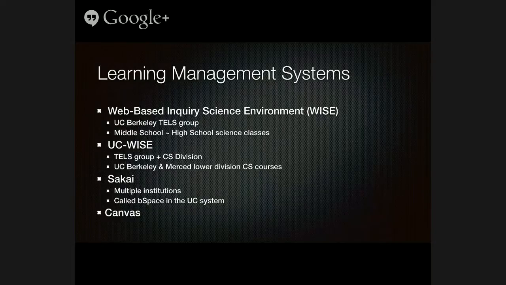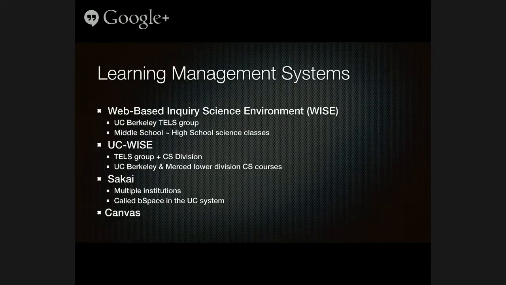The point here is that it's worth knowing that learning management systems, things like WISE, which is an inquiry-based learning system, UC-WISE, which is built on top of that, Sakai, which was the old B-Space, or Canvas, which is what B-Courses is built on, are all intended to reflect one pedagogical approach or another.